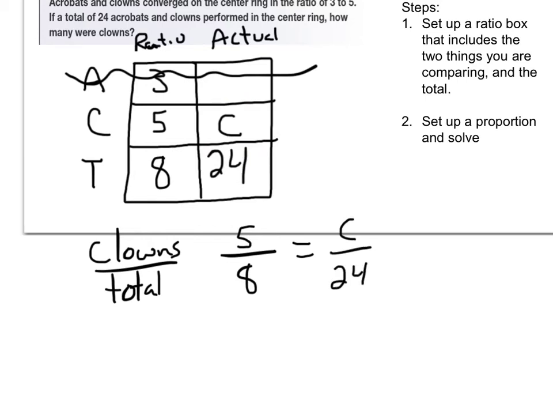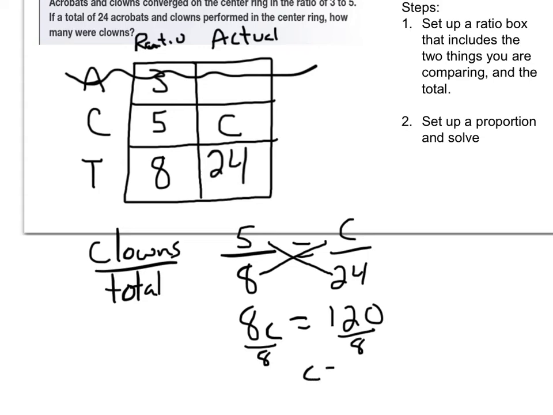Alright, now we've seen these before, so we are going to cross products. 8 times C is 8C equals, and then we're going to do 24 times 5, that is 120. Okay, and then we're going to solve this. We're going to take both sides and divide it by 8.